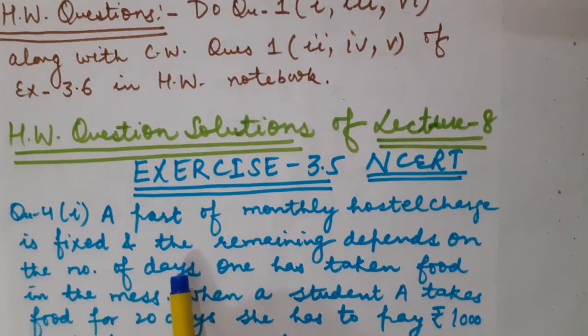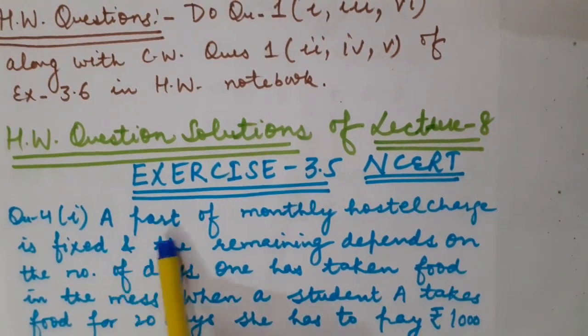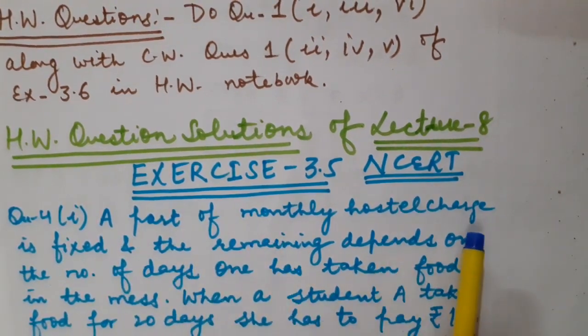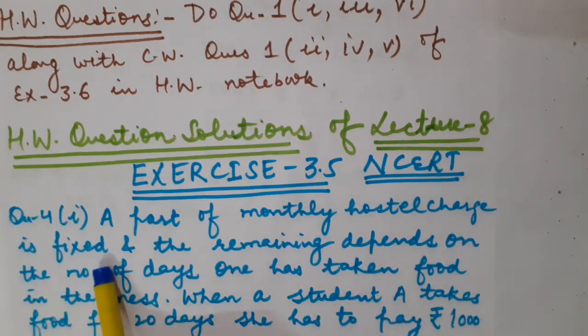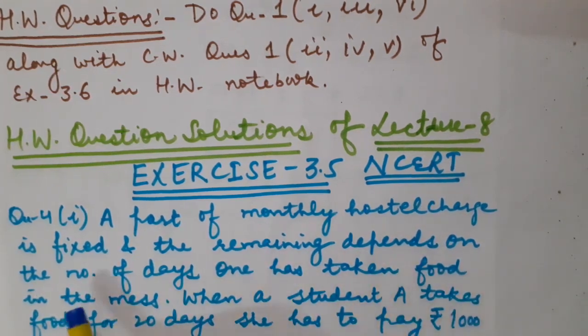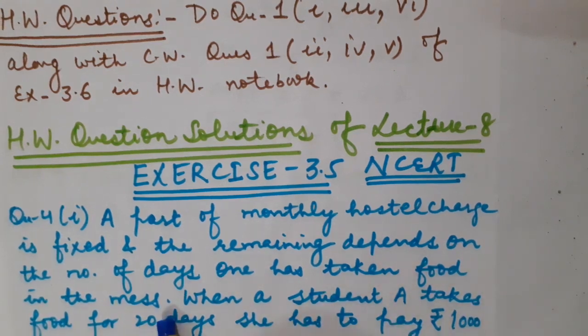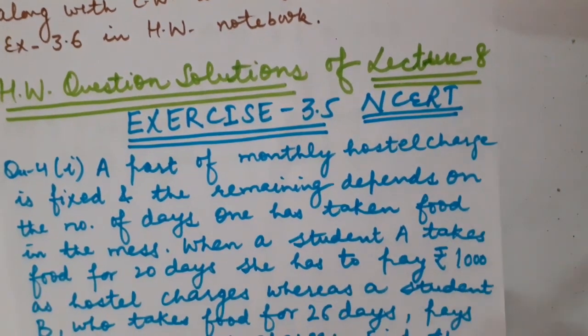I am reading the statement. Please be focused. A part of monthly hostel charge is fixed and the remaining depends on the number of days one has taken food in the mess. So one charge is fixed that every child will have to pay, and another charge depends on the food, how much food is to be consumed by the person. Fine.